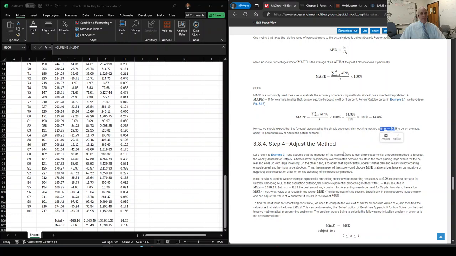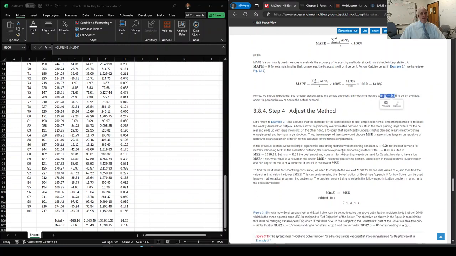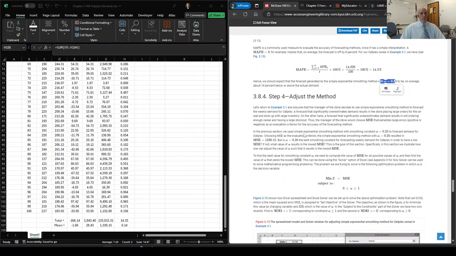Okay, so step 4. Let's assume that the manager of the store decides to use simple exponential smoothing to forecast. This is going to significantly overestimate demand in the store. Placing large orders for the cereal ends up with large inventory.